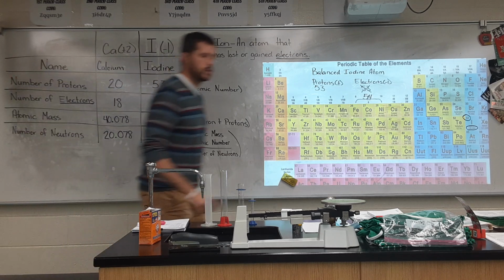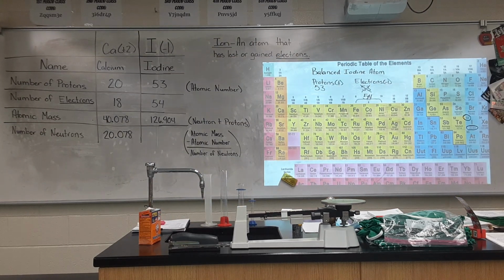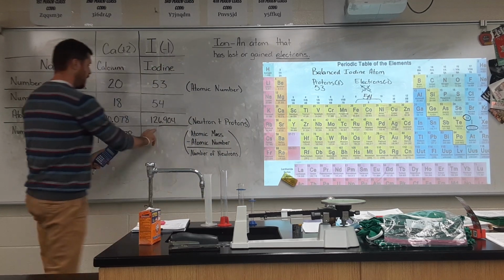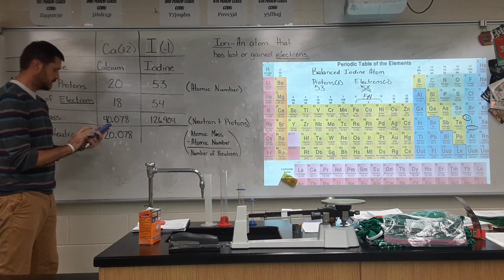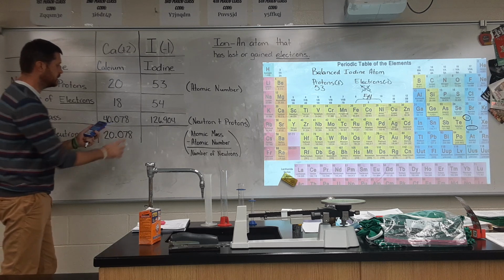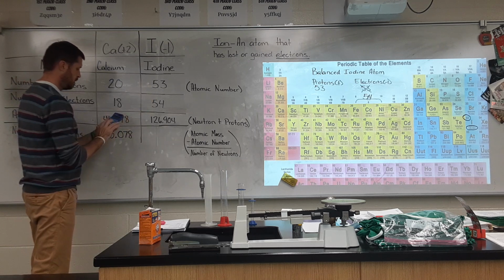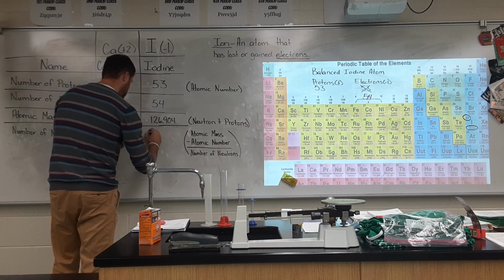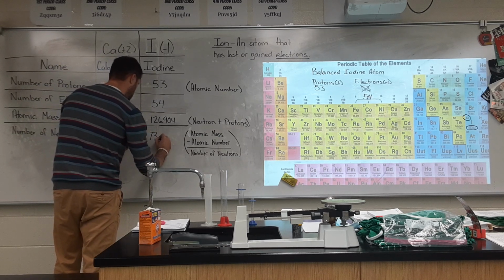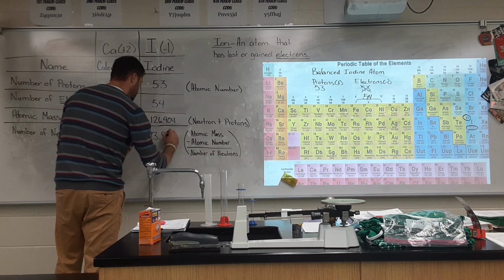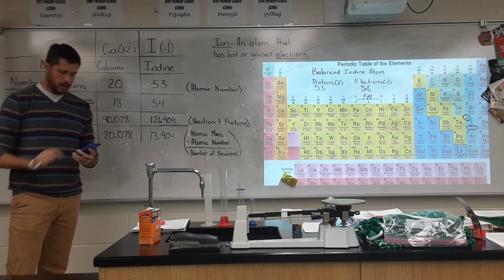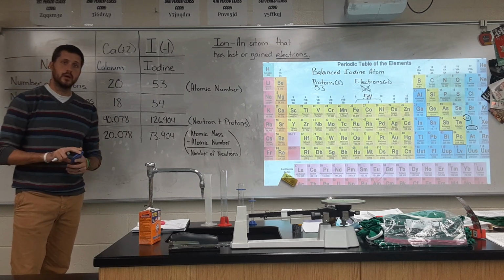So, I'm going to break out the calculator here for this one. So, atomic mass, 126.904 minus atomic number, 53. And our number of neutrons is 73.904. Okay? So hopefully this helps.